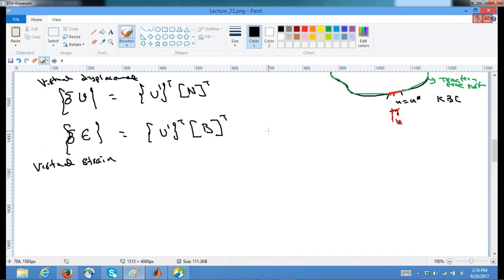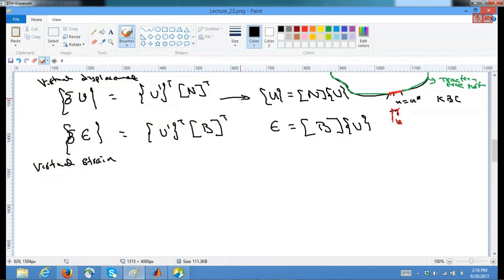Why? Because we know epsilon is equal to B into U, where U is equal to N into capital U. So by the same analogy, you can write these two in this manner.